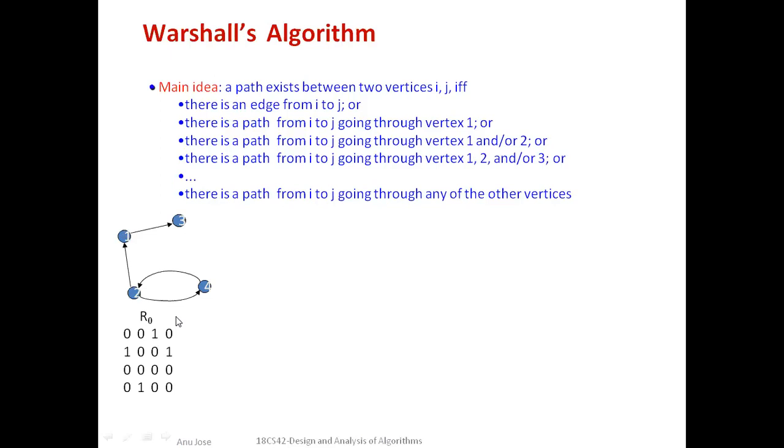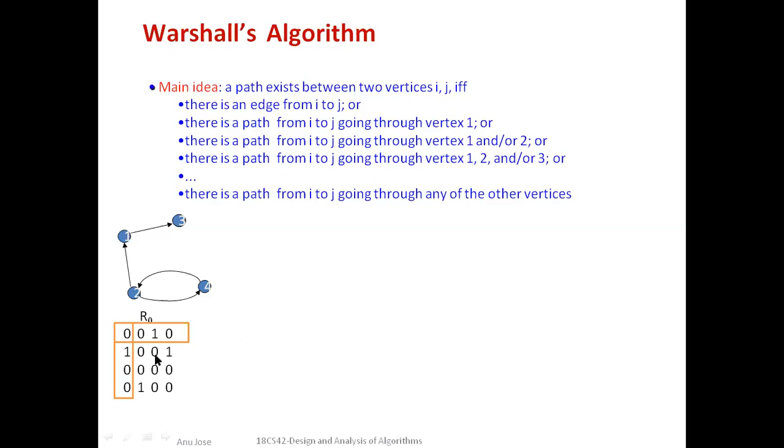In the first step, you take the first row and first column. So I have selected the first row and first column. Now I should construct R1 from R0. Whatever values are present in the first row and first column, you can directly copy and paste to R1.